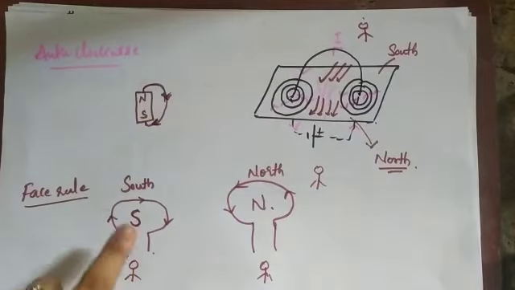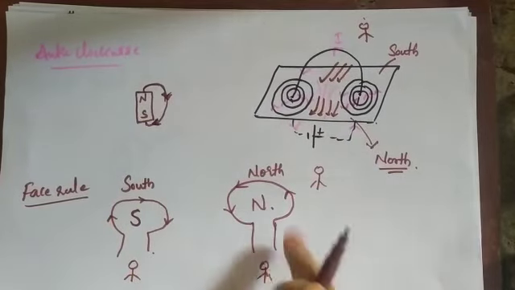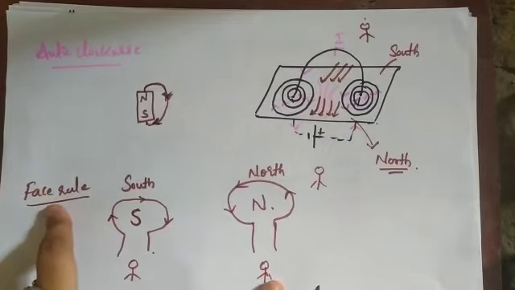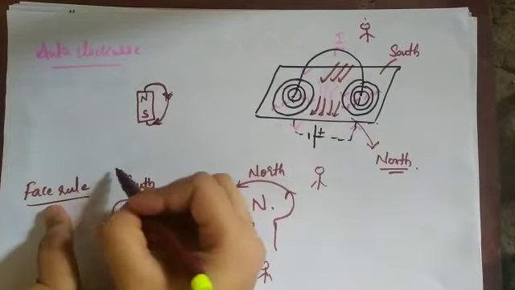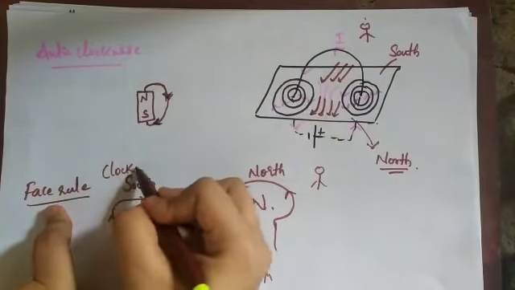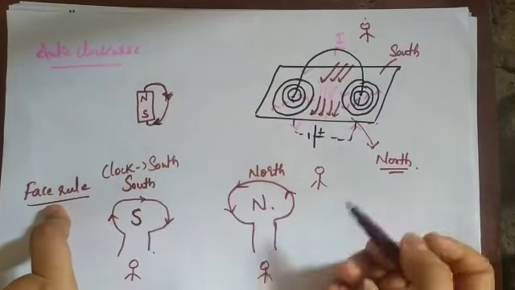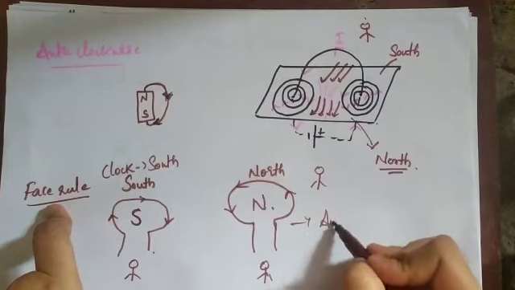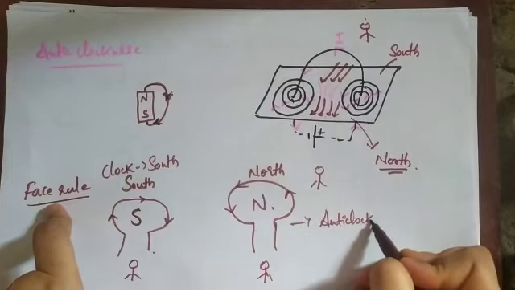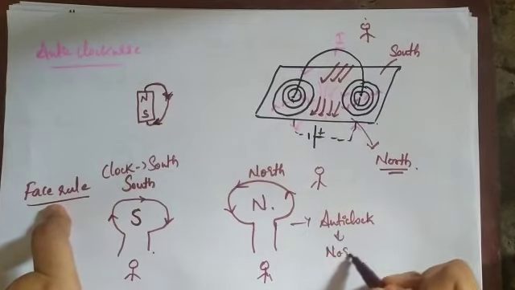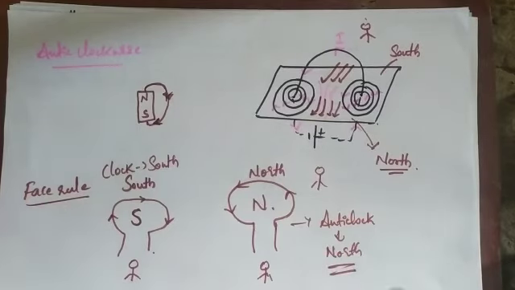So according to the face rule, when the current is flowing in a clockwise direction, that face is called the south pole. When the current is flowing in an anti-clockwise direction, where I am standing will be the north direction.